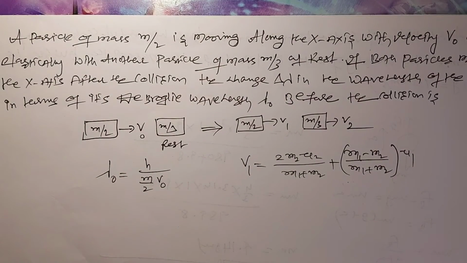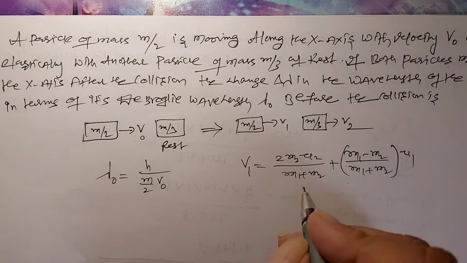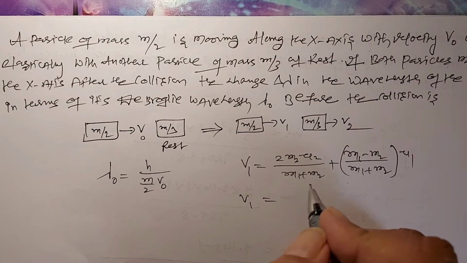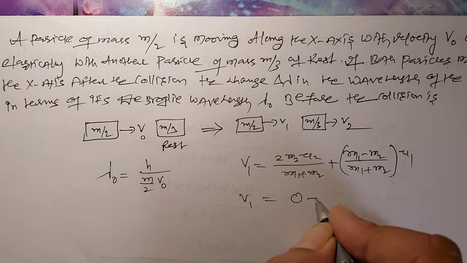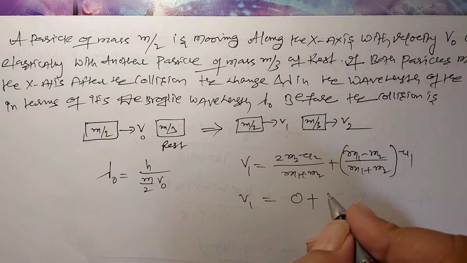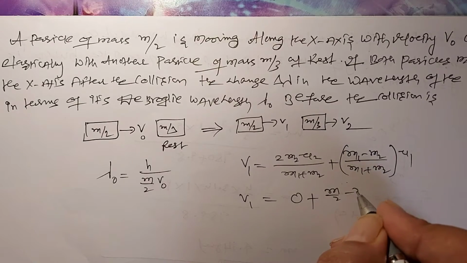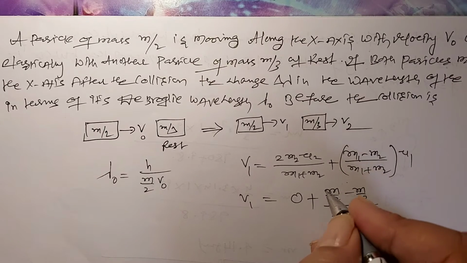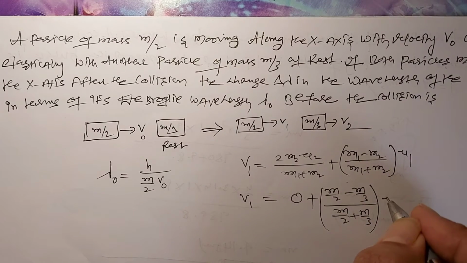After collision, for the velocity of the first particle v1, the second particle is initially at rest before collision, so that term is 0. m1 is m by 2, m2 is m by 3, so we get (m by 2 minus m by 3) divided by (m by 2 plus m by 3) into u1.